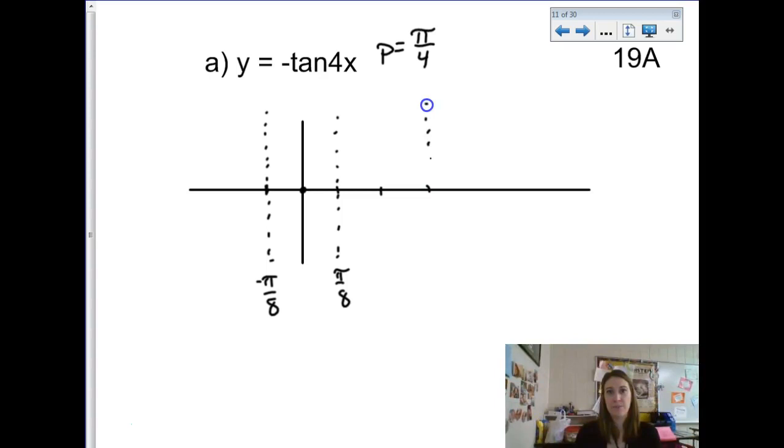The next vertical asymptote would be here, and then here. So 1 pi over 8, 2 pi over 8, which I'm going to reduce to pi over 4, 3 pi over 8. And then this is negative pi over 8, negative pi over 4, negative 3 pi over 8.